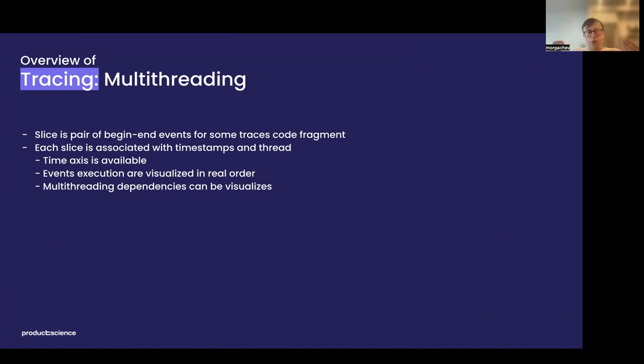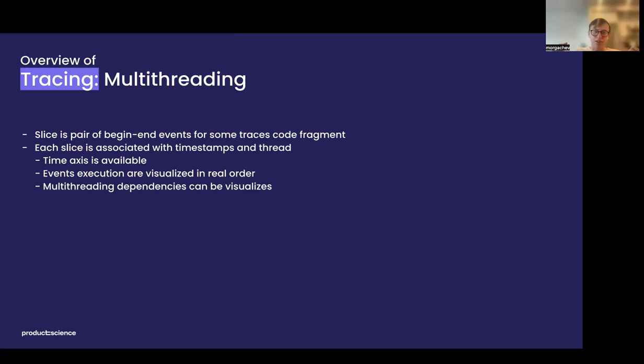So when we are working with this, the time axis is available, and we can see really when some method was executed and what is executed in the program at the same moment in other threads, and we have all this information. Also, all these events are visualized in real original order with real original timestamps.